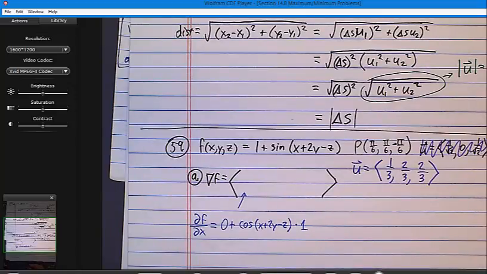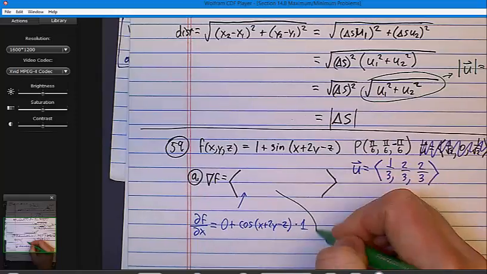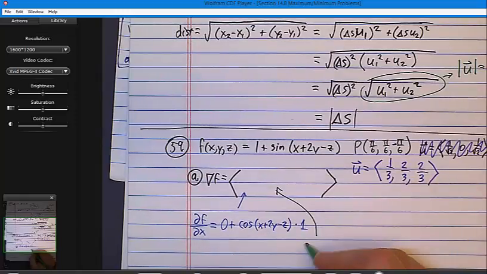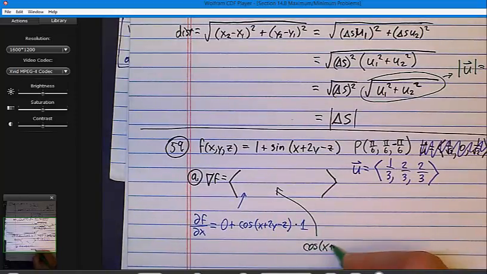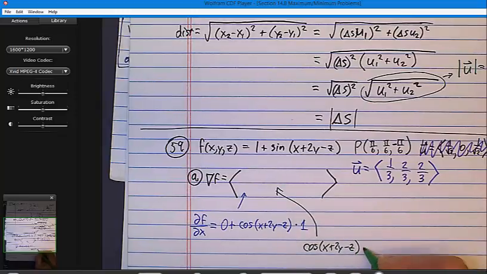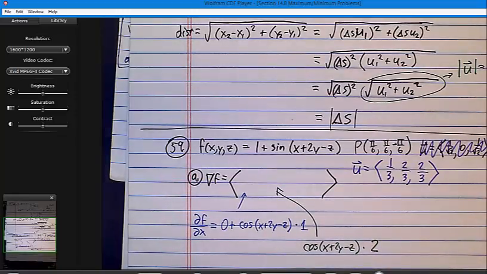And then the next piece, that's going to be cosine of x plus 2y minus z times 2. And the last piece is going to be the same thing times negative 1, right?